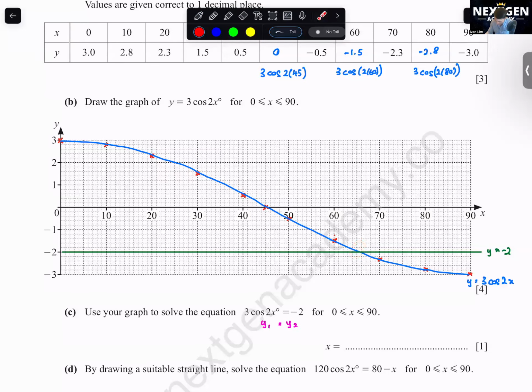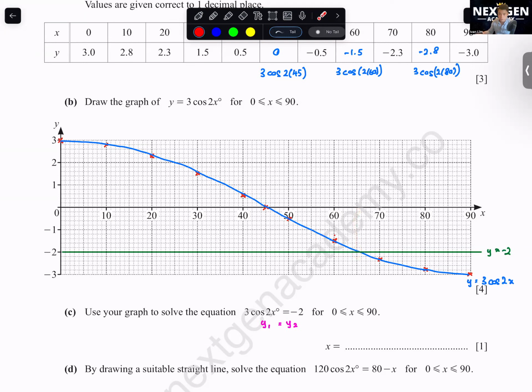So here, negative 2. My answer here is about 65. It is the x coordinate when y equals negative 2, not 2, negative 2. By right, there will be a range of answers that are acceptable.